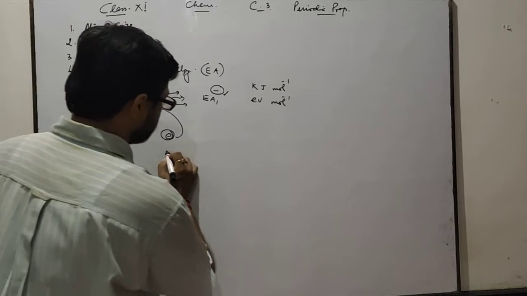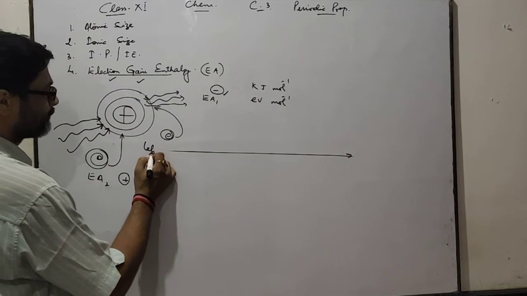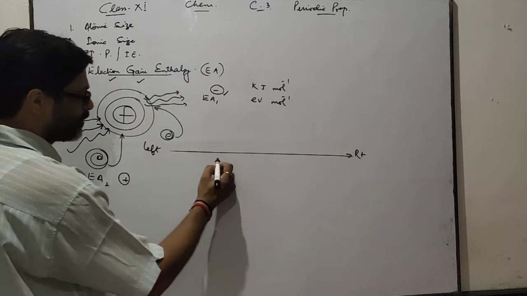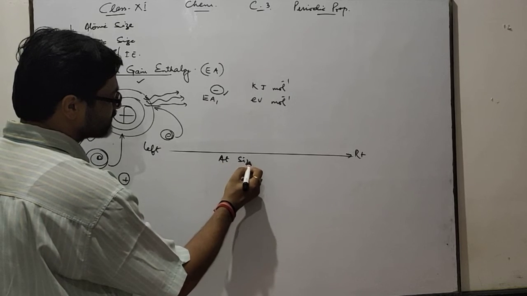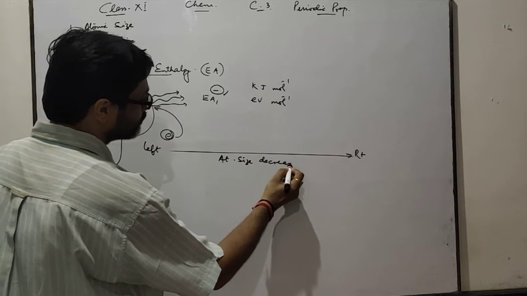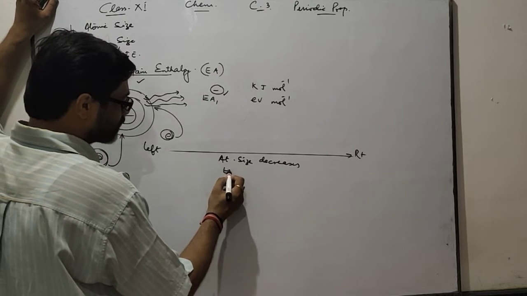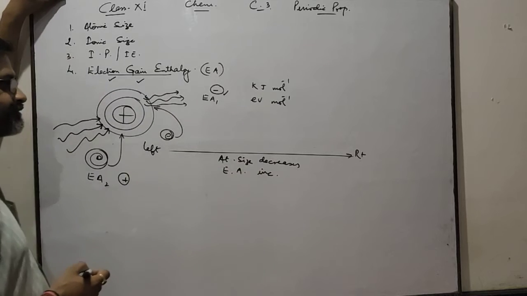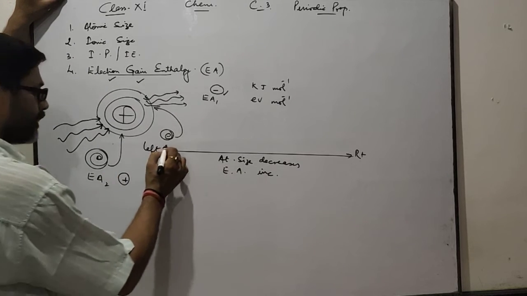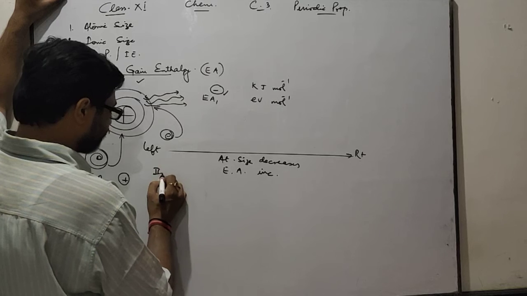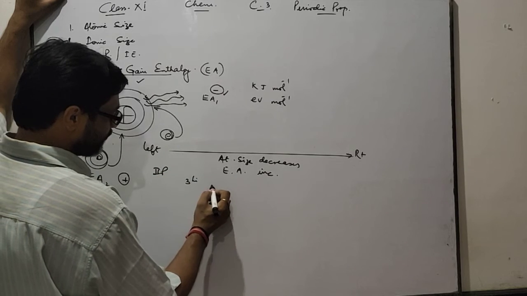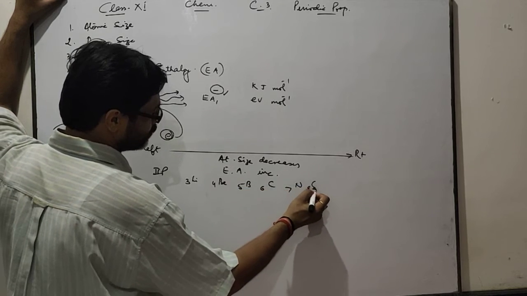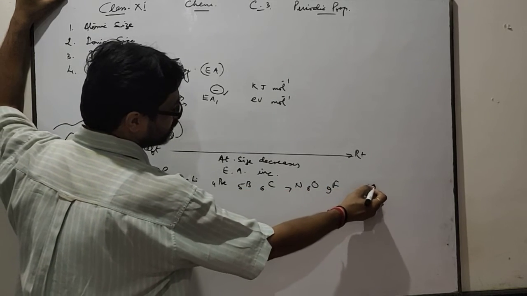In any period, on moving from left to right, you know that atomic size decreases and hence electron gain enthalpy or electron affinity increases. In the second period: Li, 4Be, 5B, 6C, 7N, 8O, 9F, 10 neon.